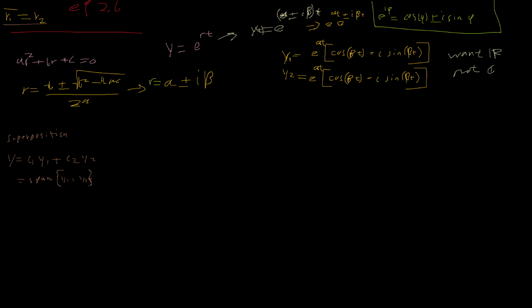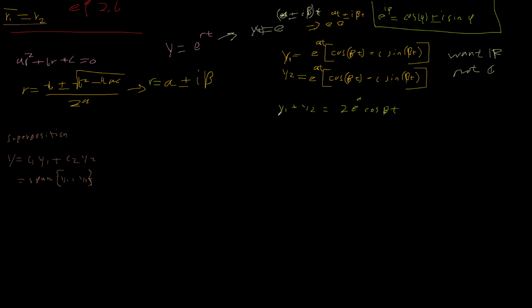There's a few things we can do here. The first thing is if we take y1 plus y2, we're going to get 2e to the alpha t cosine beta t, because these cancel out.